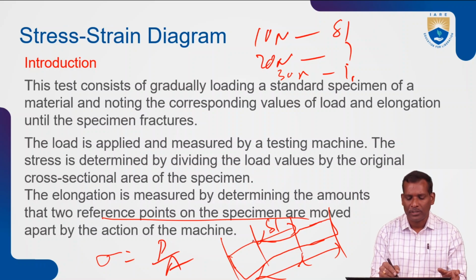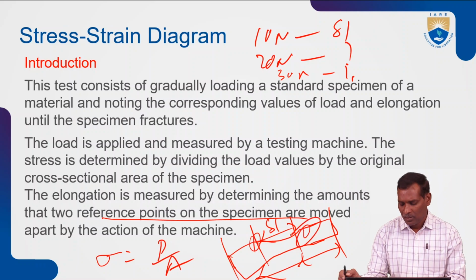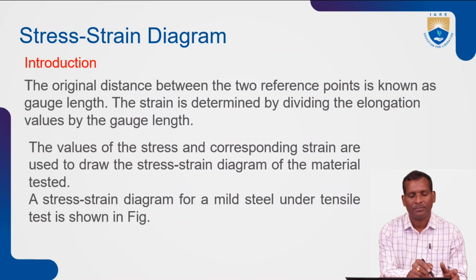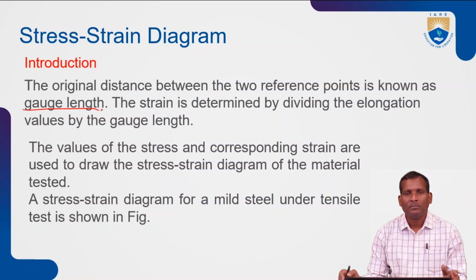The original distance between the two reference points is known as the gauge length. The strain is determined by dividing the elongation values by the gauge length.